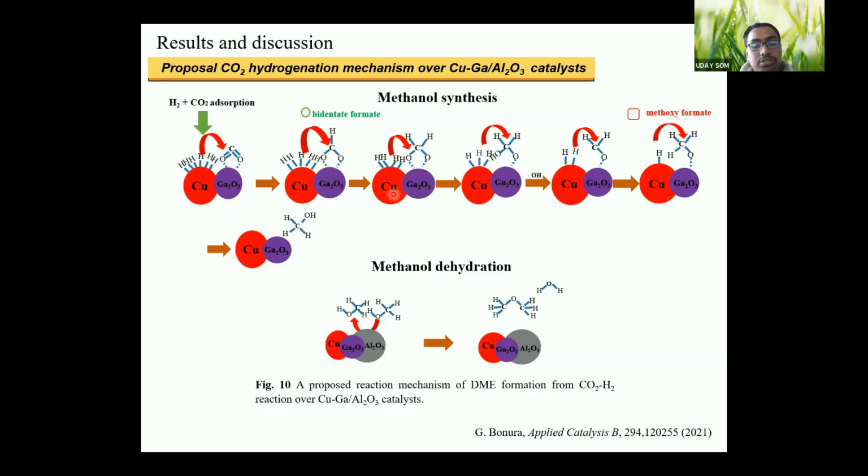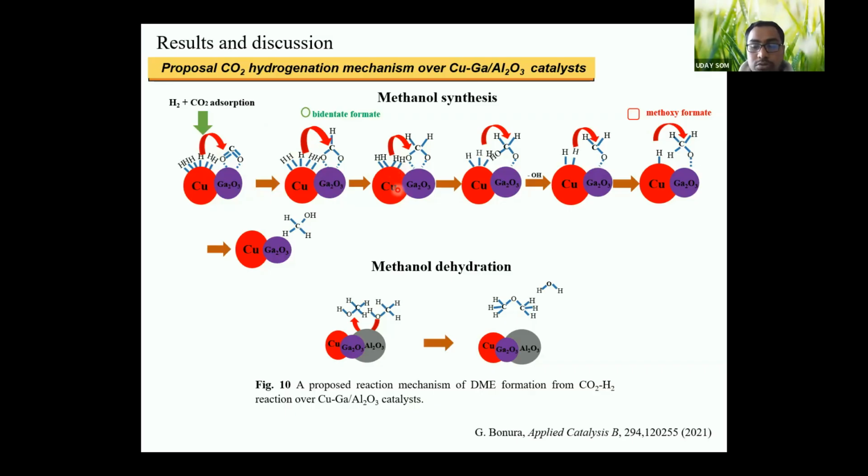Firstly, the carbon dioxide hydrogenation goes through the formate intermediates. After that, the hydrogenation of formate leads to the formation of dioxymethylene. So dioxymethylene would be further hydrogenated to produce CH3O2 by splitting of its OH group.